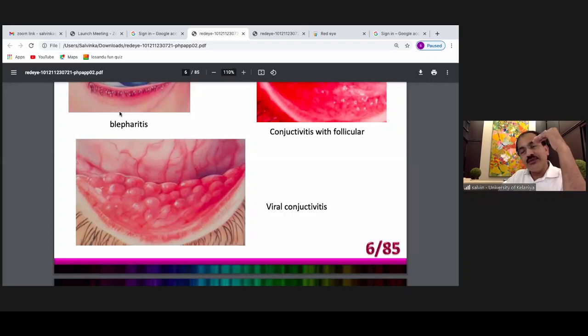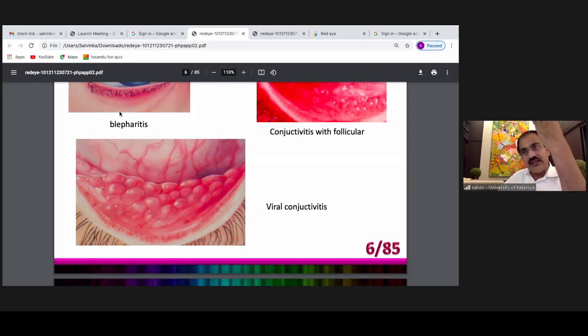What are the symptoms of viral conjunctivitis? If a patient comes to you with a red eye, the first thing that should come to your mind is viral conjunctivitis. Fair enough, because it is so common. And no eye surgeon will look into the virus or do histology; we just get the history and symptoms and diagnose viral conjunctivitis.